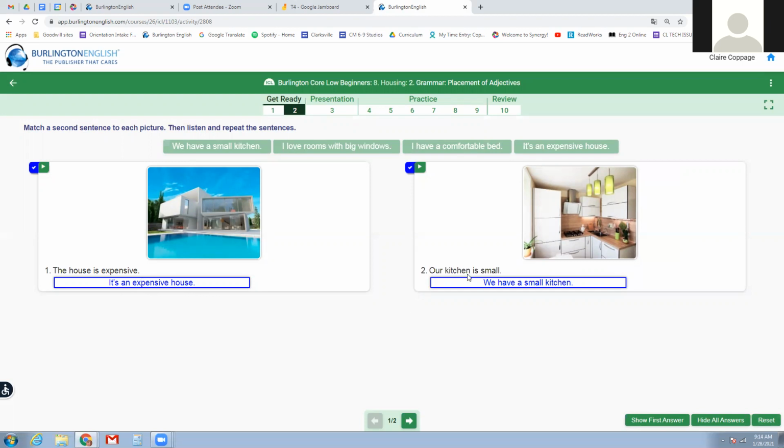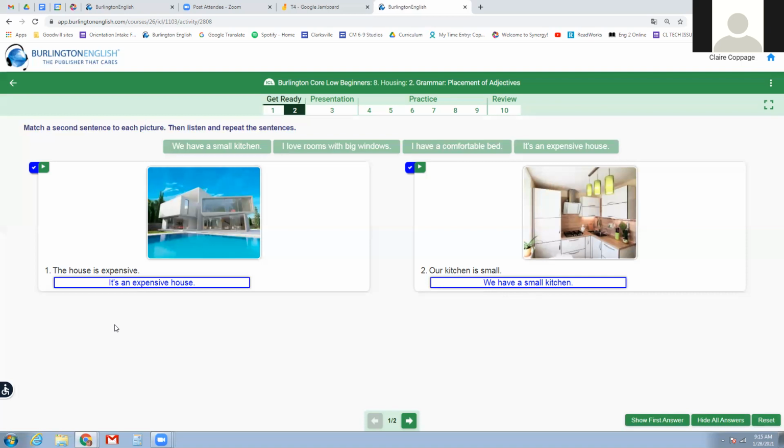Number 2, our kitchen is small, or we have a small kitchen. Can you read number 1 and number 2 out loud to me, Rocio? The house is expensive. It's an expensive house. Our kitchen is small.